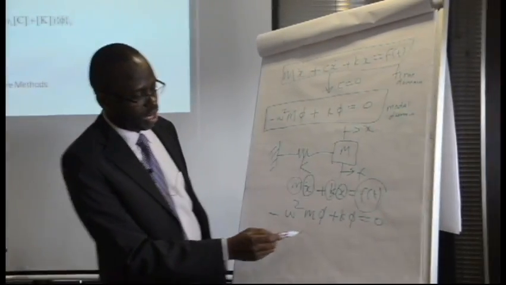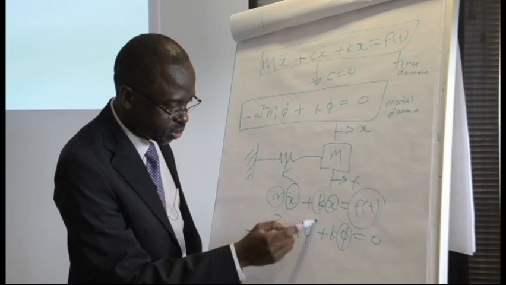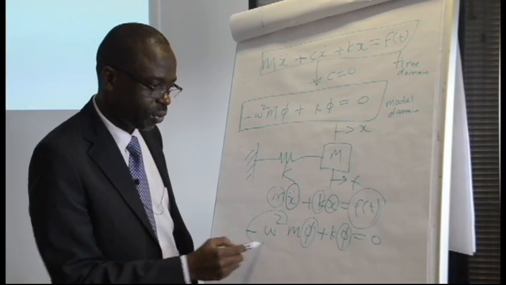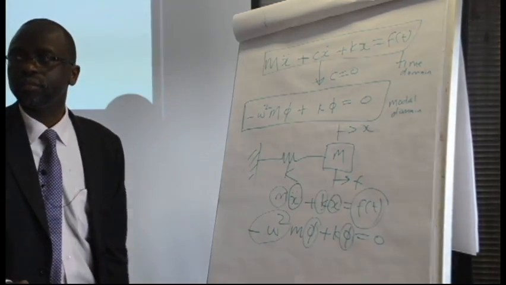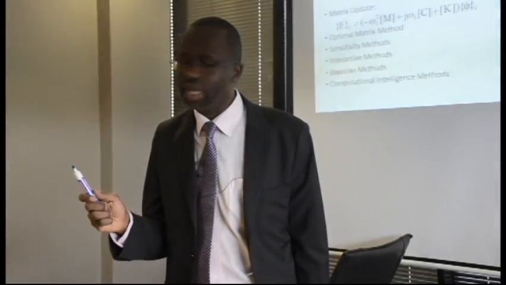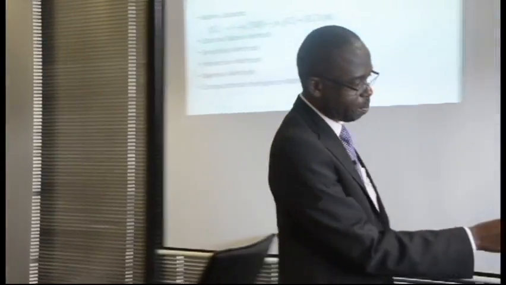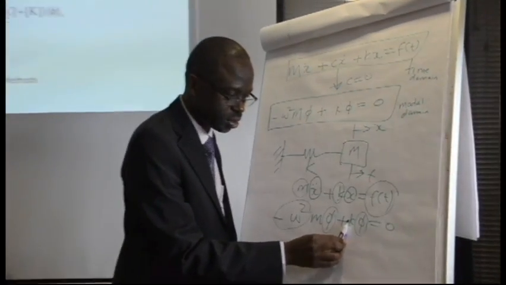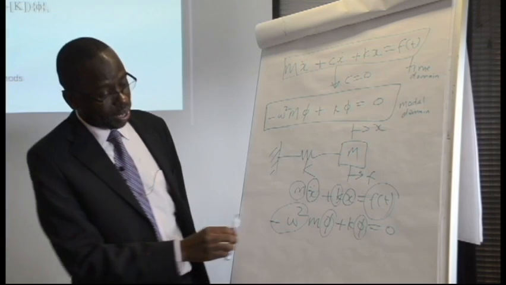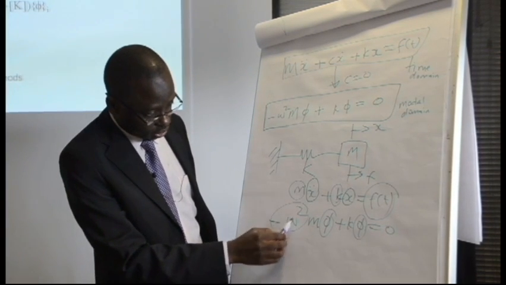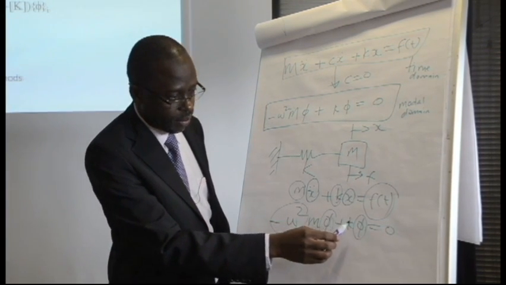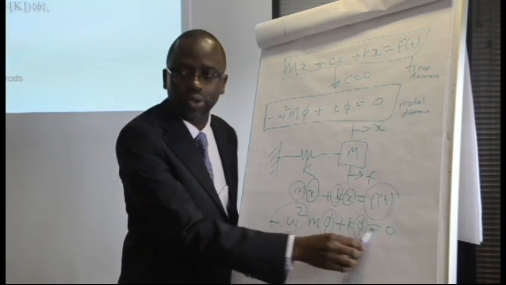After I have measured my mode shapes and natural frequencies, the correct finite element model is that with the mass and stiffness which, if I multiply them by omega squared and mode shape, will give me 0.